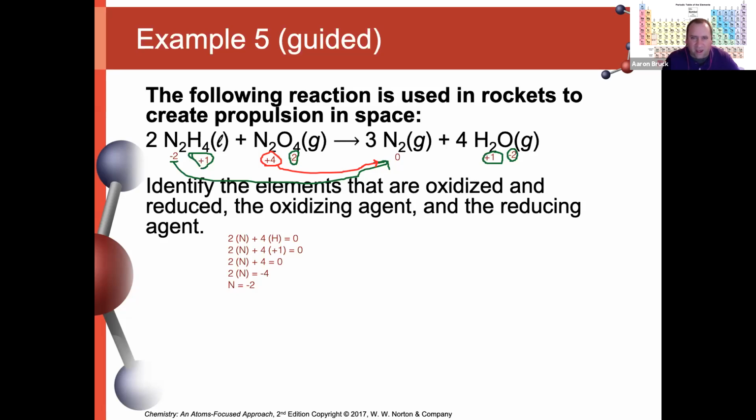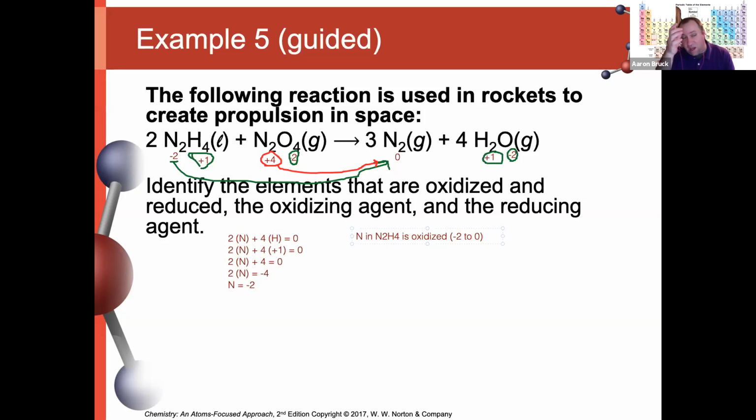So how do we handle that? What does that look like? Well, we can see that as far as oxidation is concerned, it is the nitrogen in the hydrazine that is being oxidized, because we're going from a -2 to a 0 state.